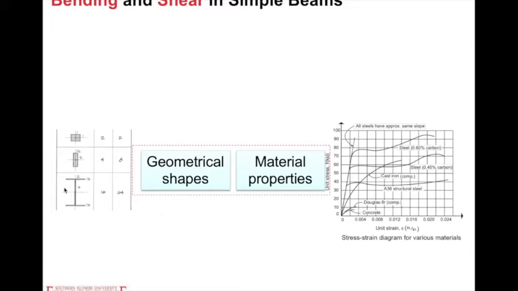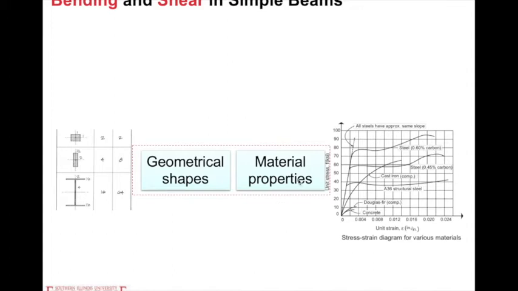For example, the H shape has the most capacity compared to the rectangular and square cross-section shapes. We also talked about key parameters, like the central point and the moment of inertia.